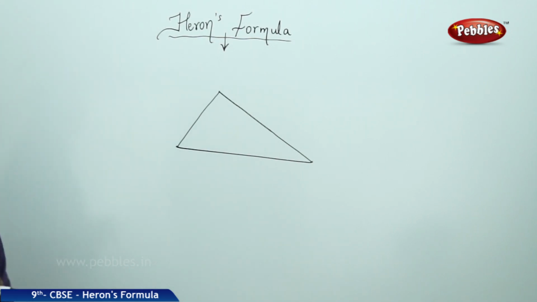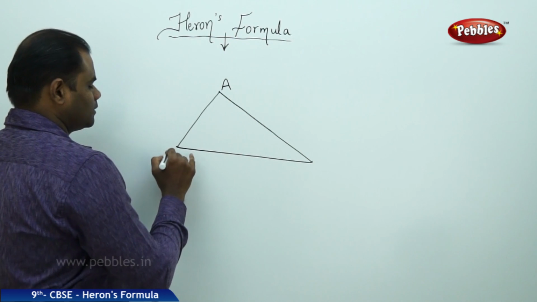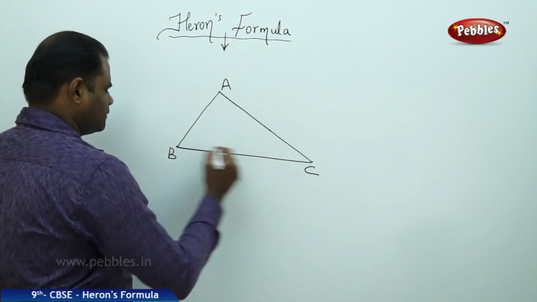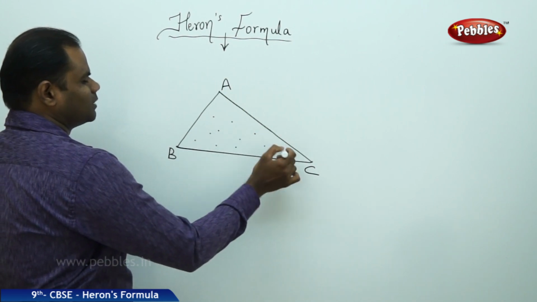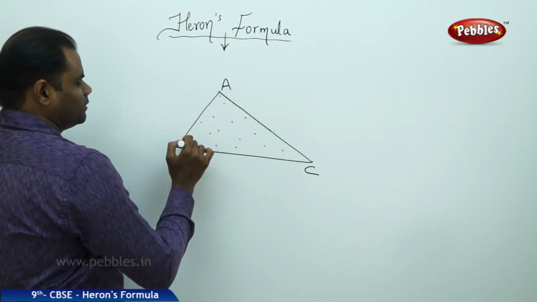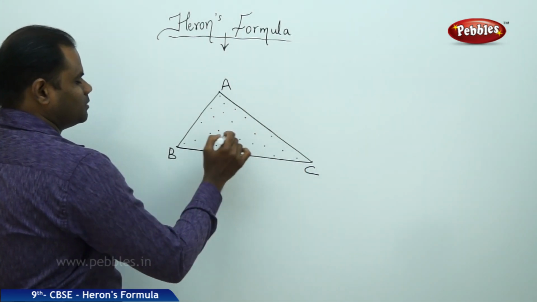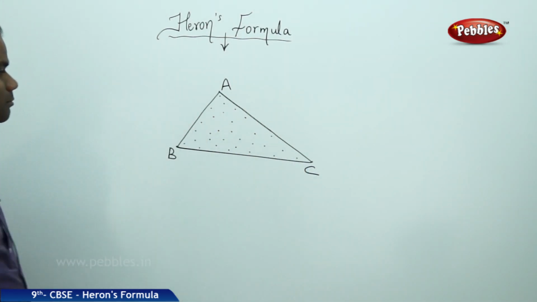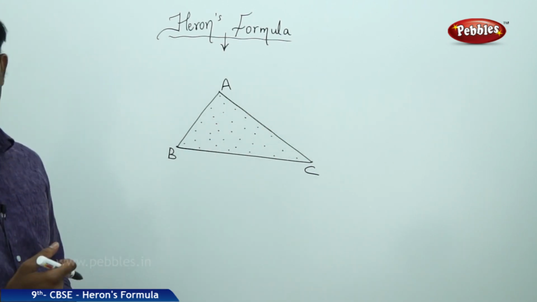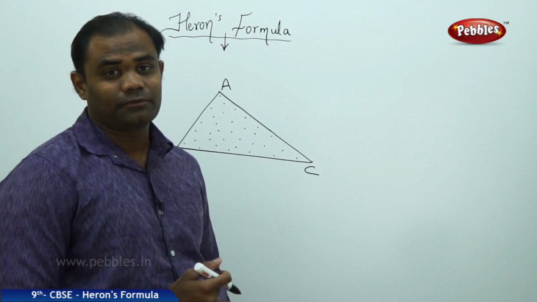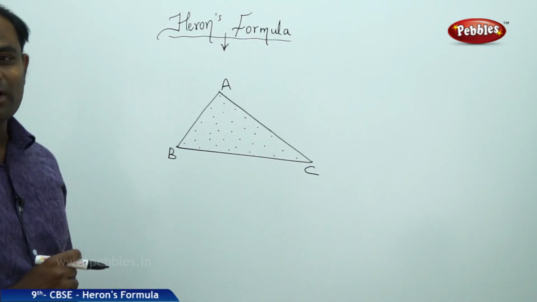Say this is A and B and C, and this is the region covered by the triangle, that is the area which I need to find. So my question, my investigation, is about finding the area of this dotted region, that is the area of the triangle. So let's see how we can find it.